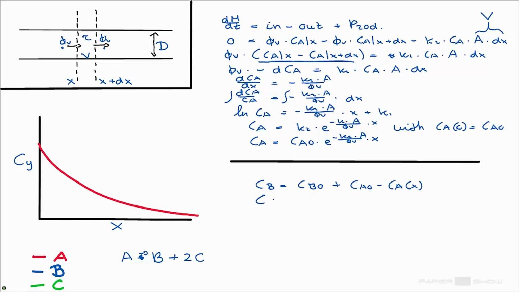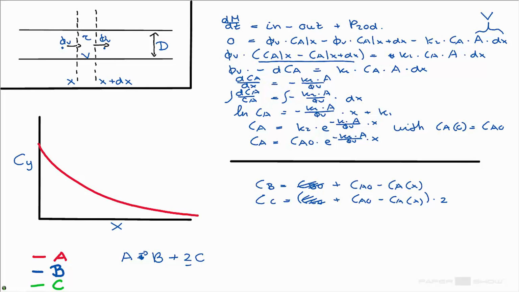And the same counts for C. There, the CC0 plus this term, only it was 2 times, so times 2. And also CB0 was 0 and CC0 was also 0, so this is what we are left with.